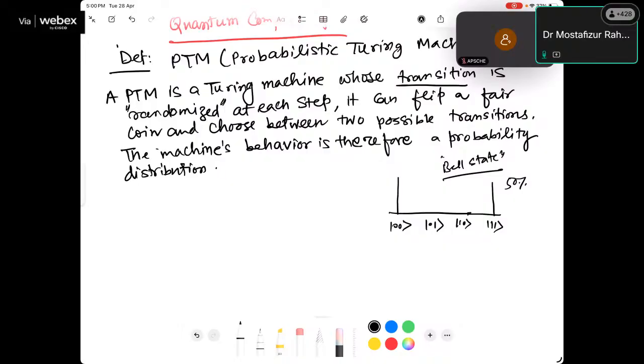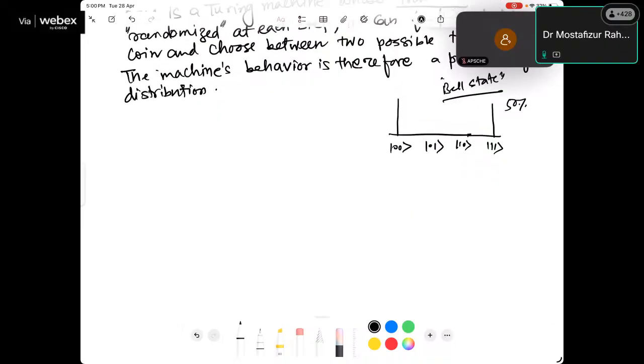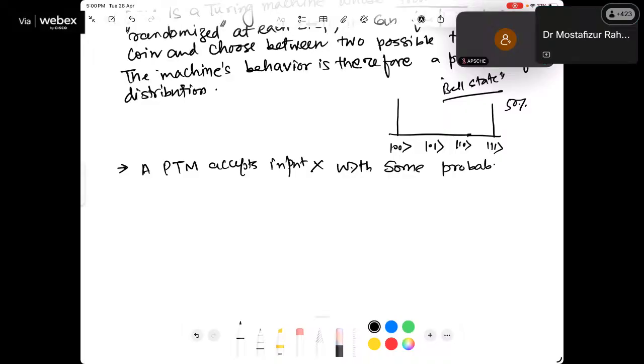So a probabilistic Turing machine accepts input x with some probability. Just allow me 5 minutes more.